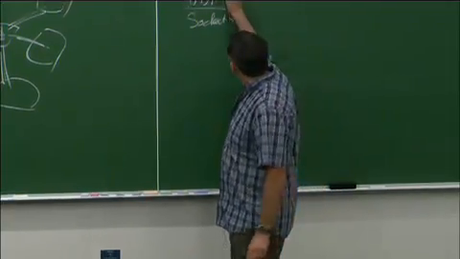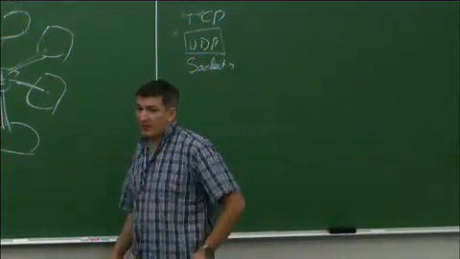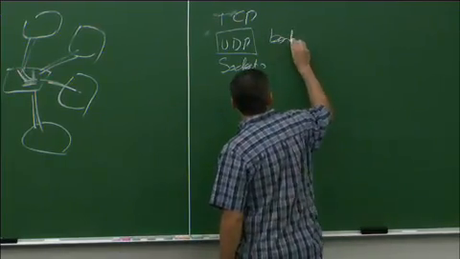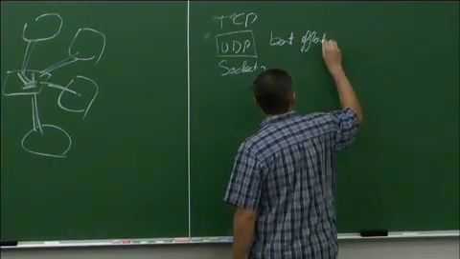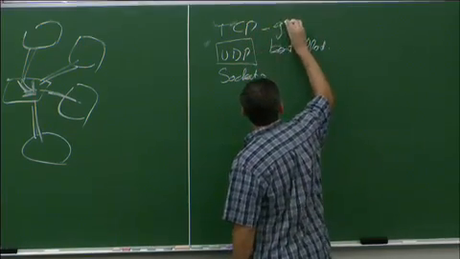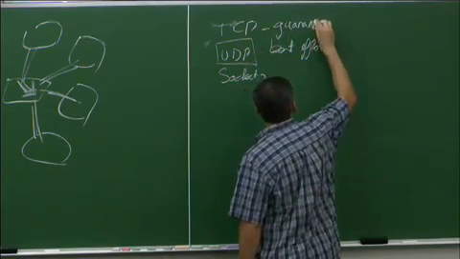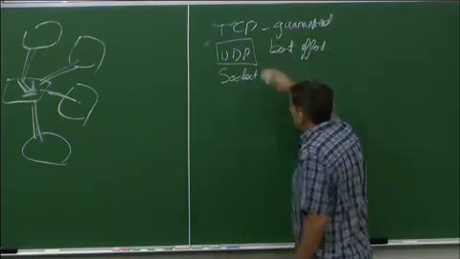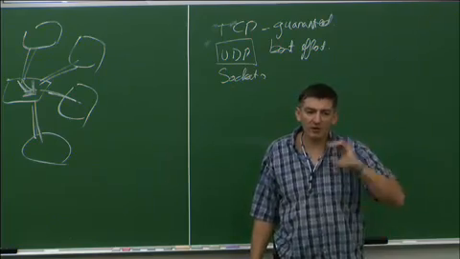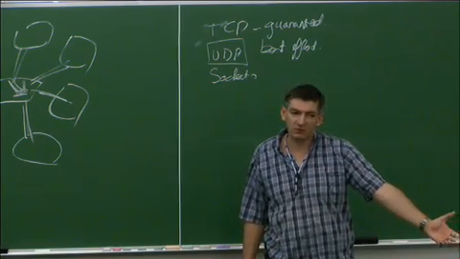Okay, good. So UDP, by the way, is usually called best effort. And TCP offers guaranteed communication. So what exactly does guaranteed mean? At least it's going to tell you when it's in a corner and cannot resolve the situation.